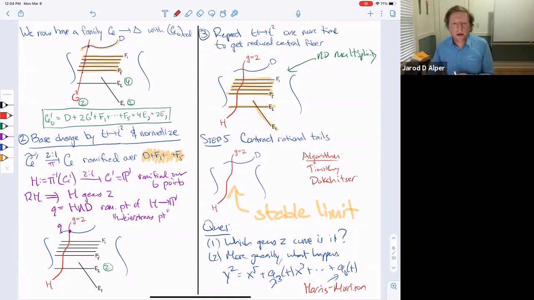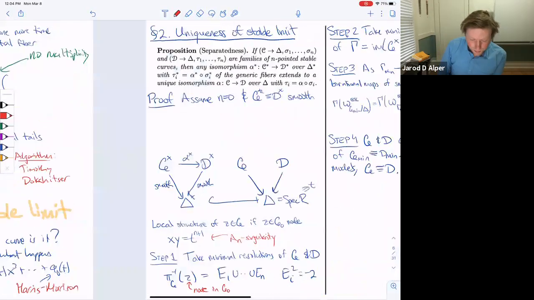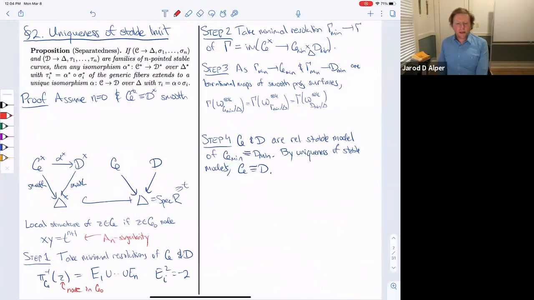Okay, maybe moving on. Let me wrap up the stable reduction argument by showing you the uniqueness of the stable limit. All right, so this is the separatedness statement. You can read what's written here, but let me just explain in a picture.